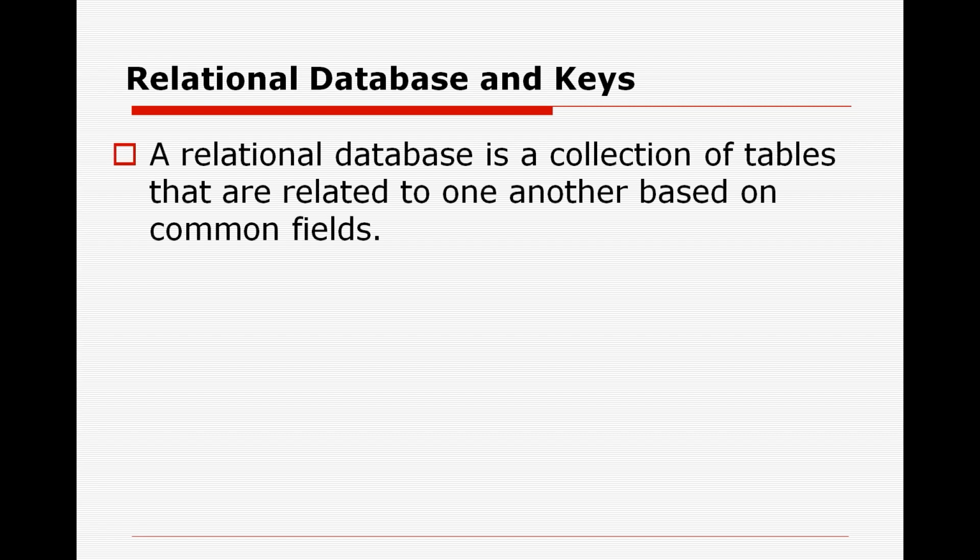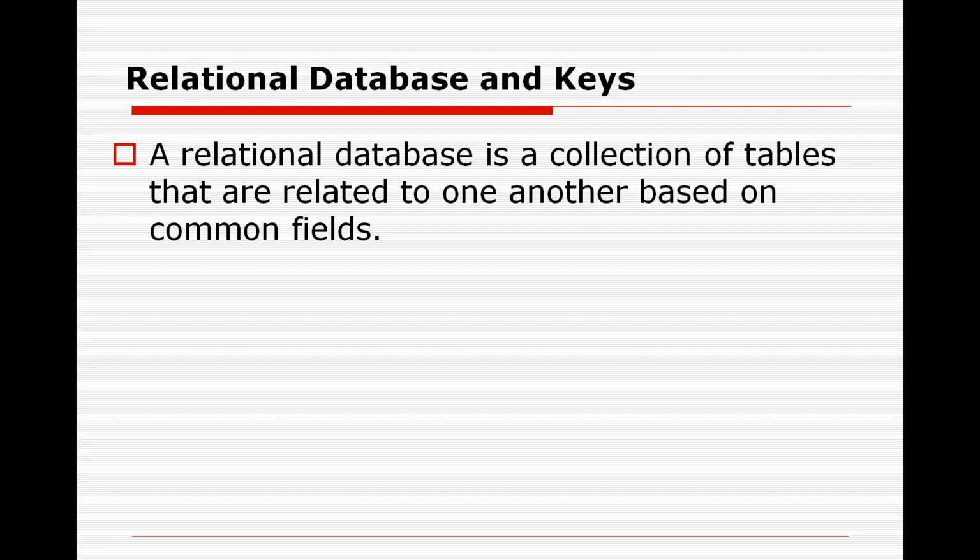Next one, relational database and keys. Now you know we discussed database, then a field, a record, and a table. Now you have another term, relational database. What is it? A relational database is a collection of tables that are related to one another based on common fields.